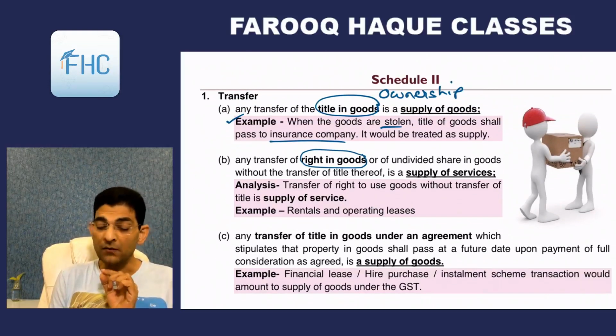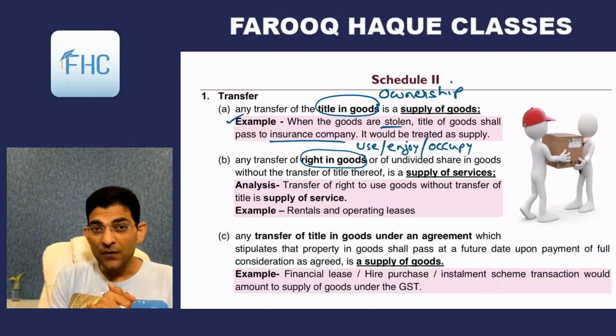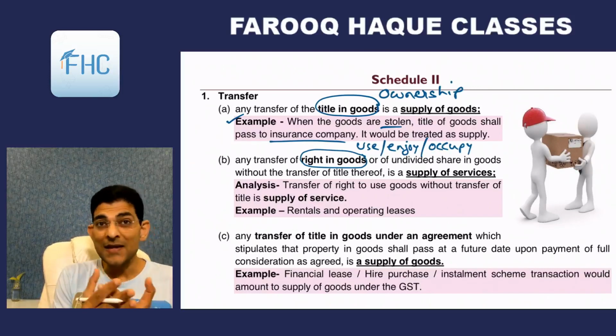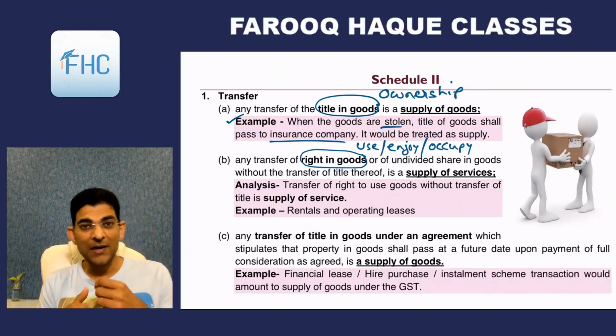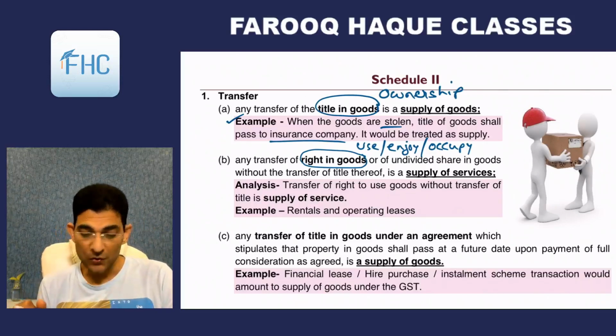But if only one of the rights is transferred, for example right to use, right to enjoy, enjoyment rights, right to occupy, and not the title itself, then it will be called a service. Like renting out is a service. If I've let out my goods to you for some time on leave and license or rental agreements, then that will be called service and not goods.